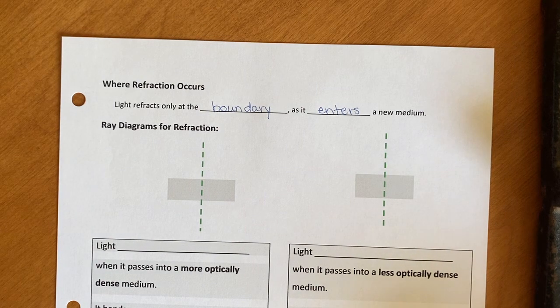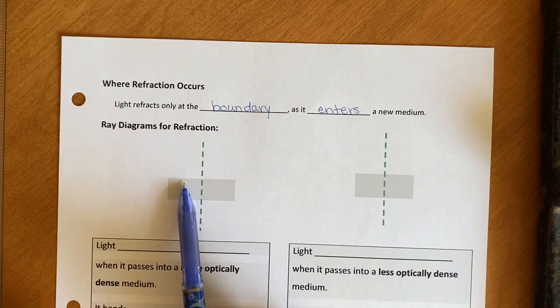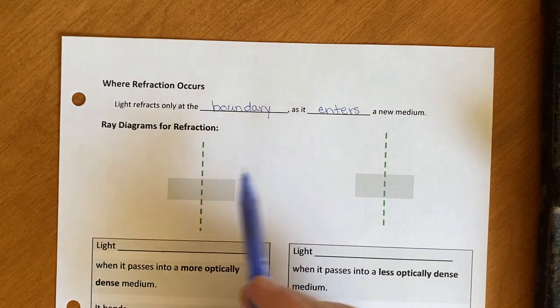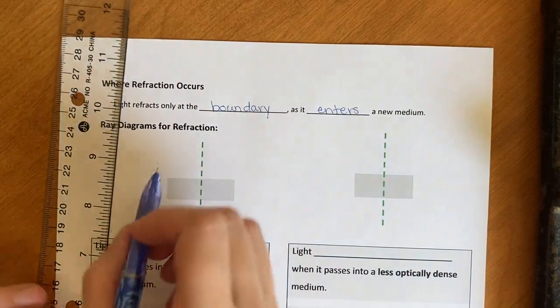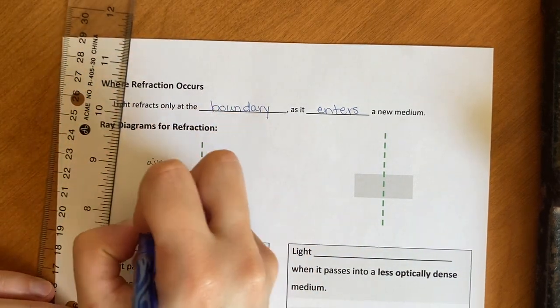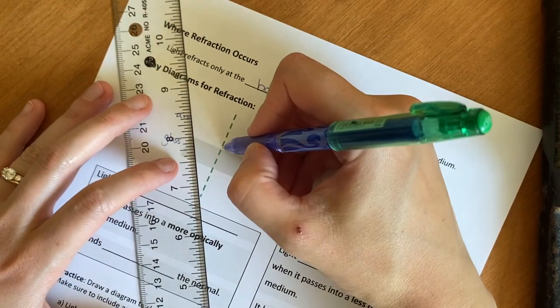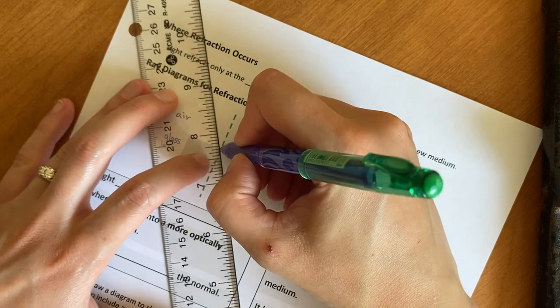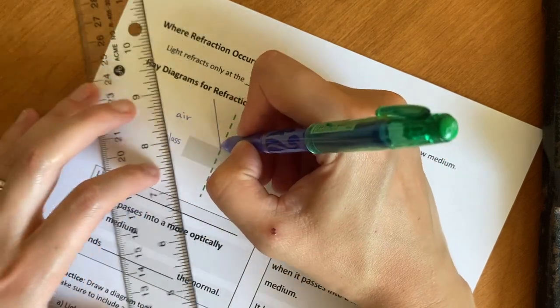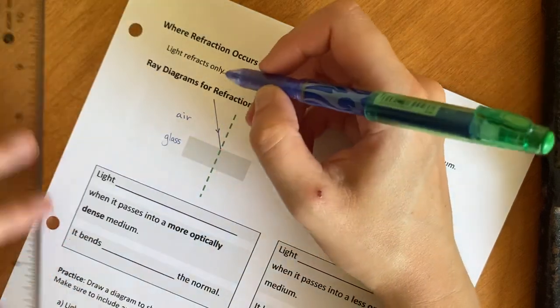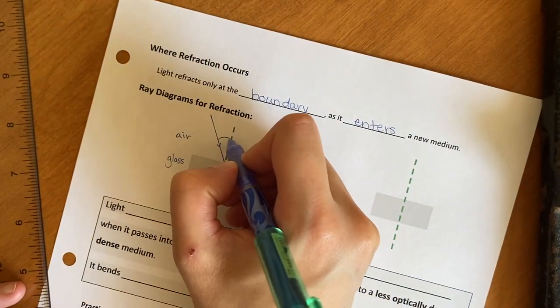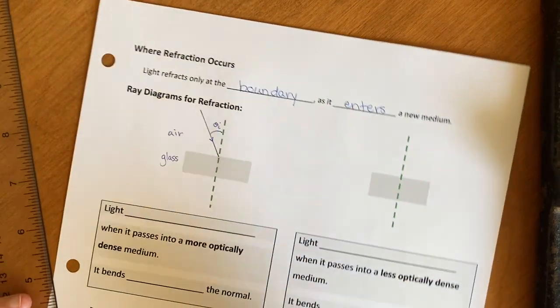So to give an example, if we look at this and we say that this is air and this is glass, we're going to start with a ray coming in and hitting the glass. So it's coming in from the air. There's our angle of incidence.